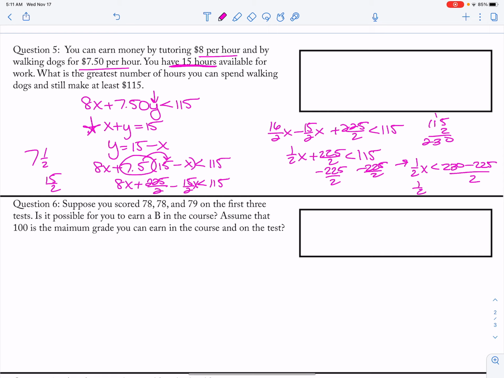So you get 1/2 x is less than 5 halves. Multiply both sides by 2, and you get x is less than 5. So you have 5, and that's the value of x. So here with this equation, if I have 5 in for x, then that makes y equal to 10. So you can spend 10 hours walking the dog.